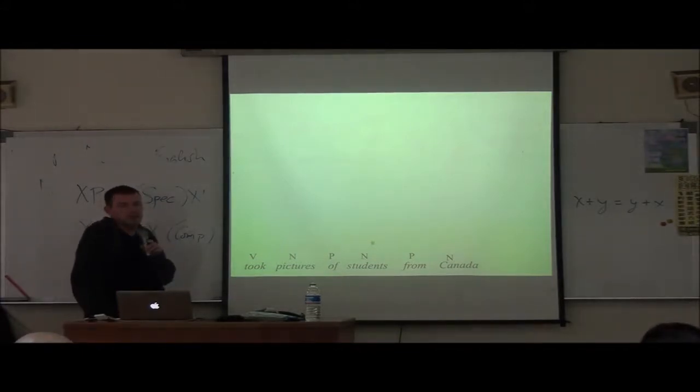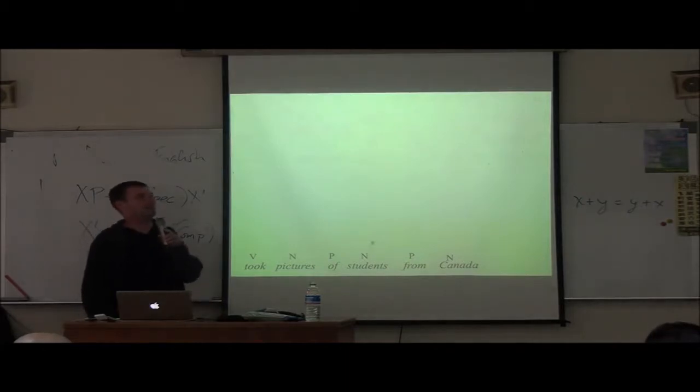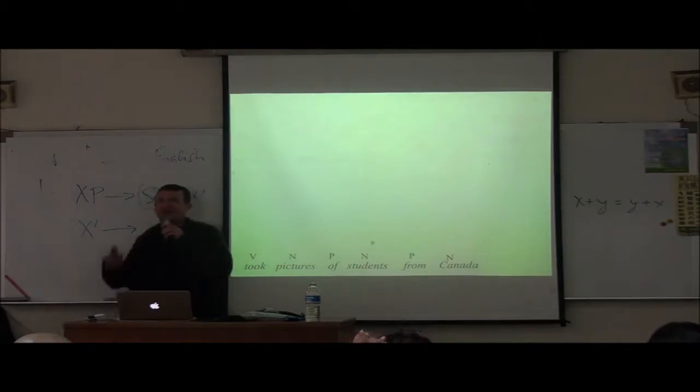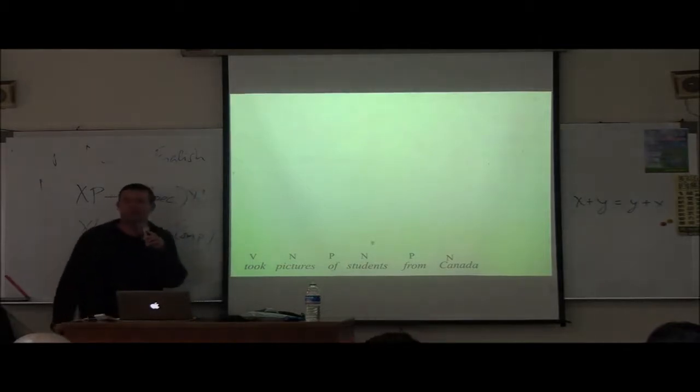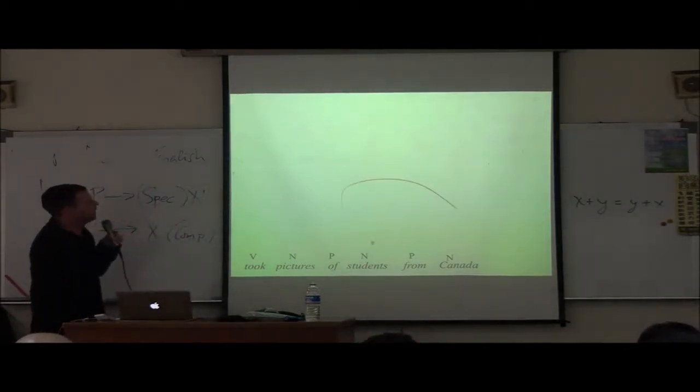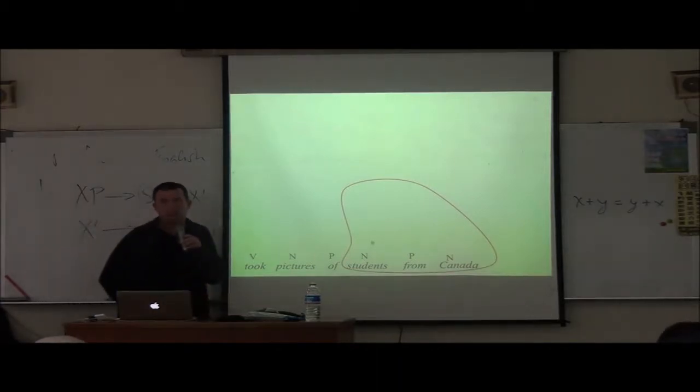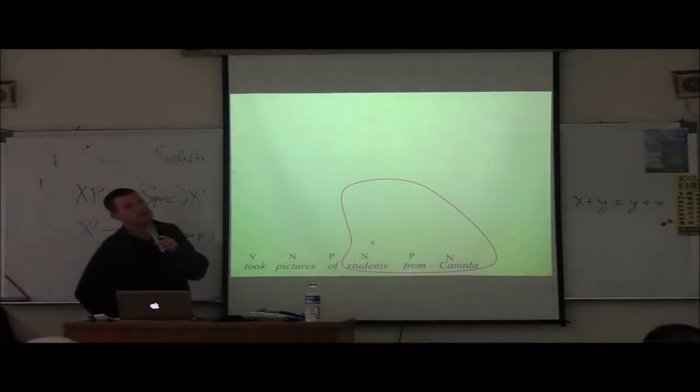So we're not talking about pictures from Canada. We're not talking about taking pictures from Canada, like being in Canada and taking pictures of the students wherever they might be, on the moon or something. This is a constituent, so we want to make sure that it is represented in the tree as a phrase.